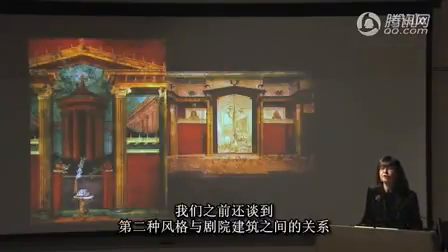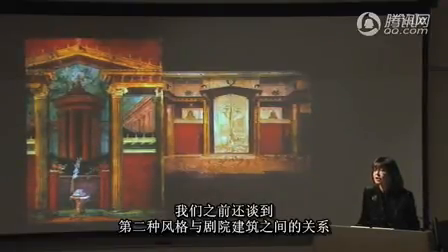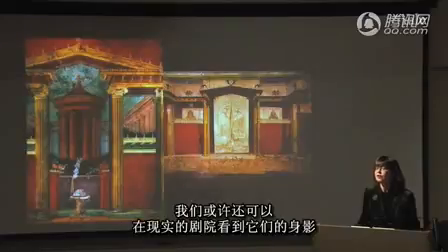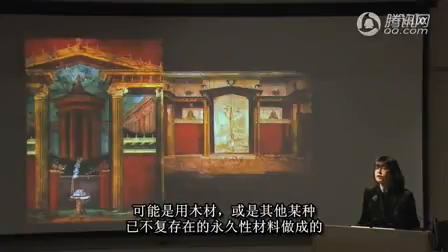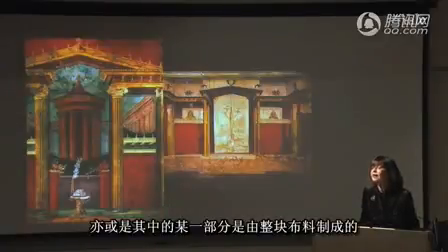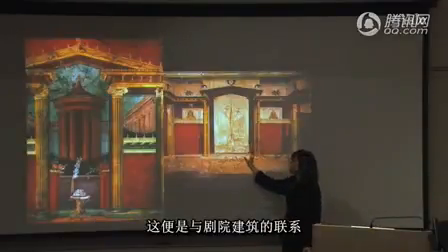We also talked about the relationship between second-style Roman wall painting and theatrical architecture, that they may have been looking at actual theaters, possibly in wood, possibly in other more permanent materials that no longer survive, or they may have been creating this in part out of whole cloth. So this connection to the theater.